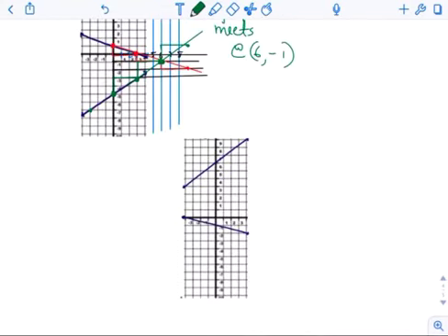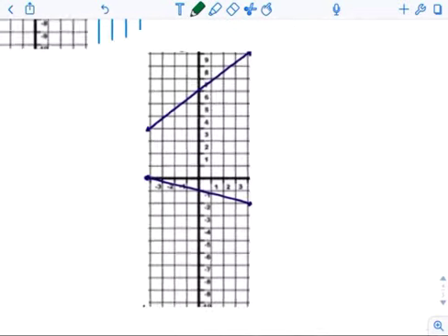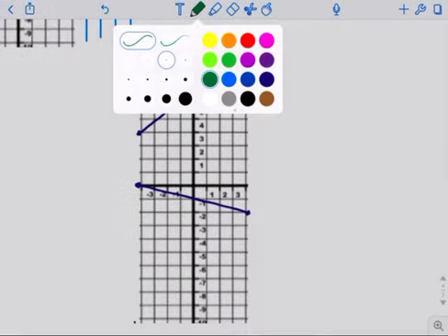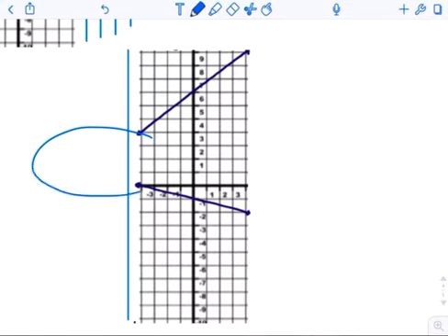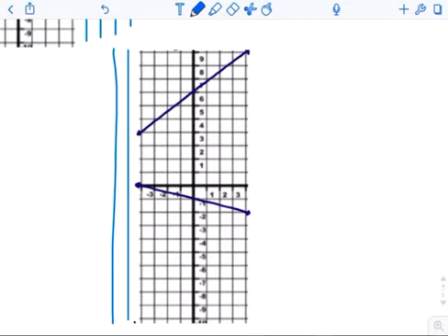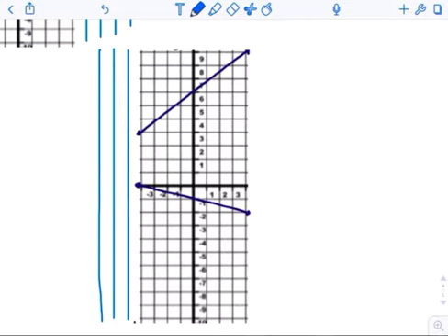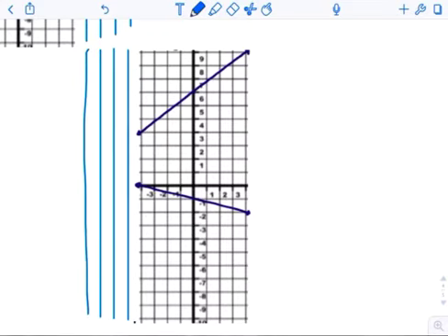Same thing here. You just use a straight edge and extend the graph. 1. I go that way because it's going to meet somewhere over here. 2, 3. I just need 4 more. Okay.